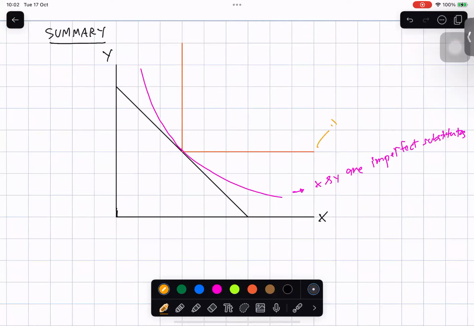The orange one refers to the preference where X and Y are perfect complements, like left and right shoes. The black one, X and Y are rival products, perfect substitutes, sorry.